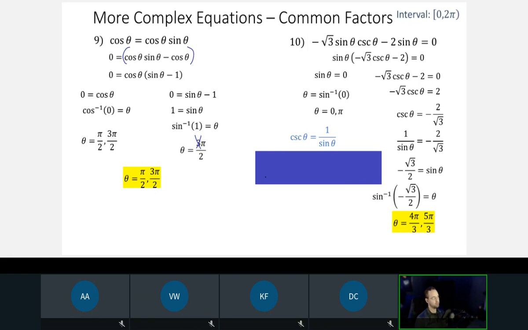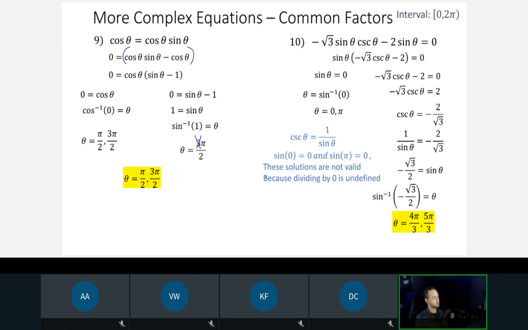What is the sine of 0 equal to? Yep, sine of 0 is 0. So you can always just type that in, or you can use your unit circle, but the sine of 0 is 0. Also, the sine of pi is also 0. So at the angles 0 and pi, if we use those as answers, we would have an undefined error. You can't divide by 0. It makes our equation undefined.